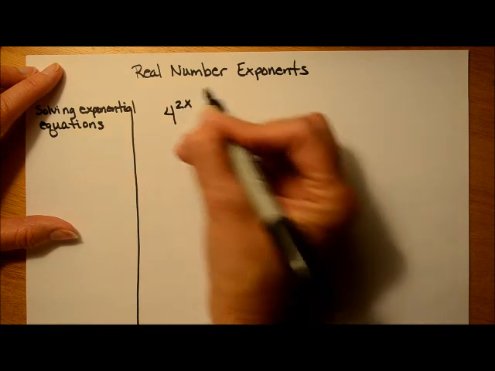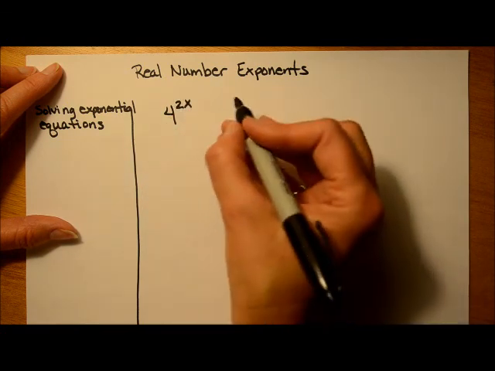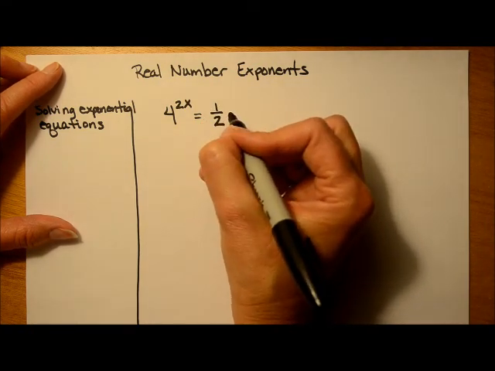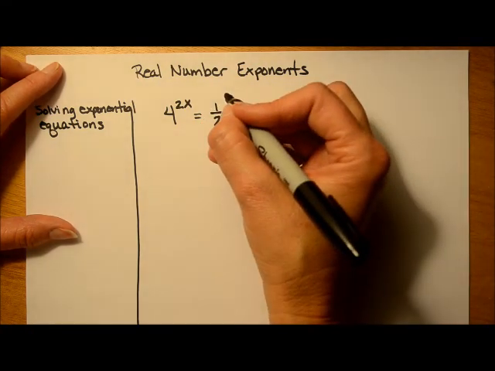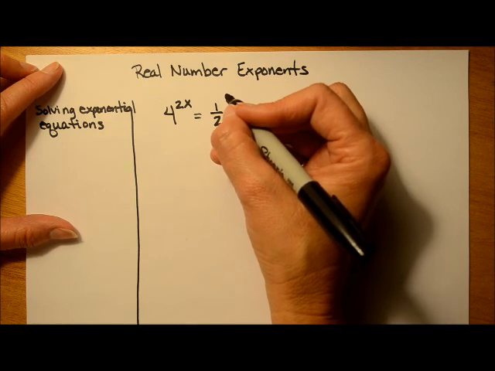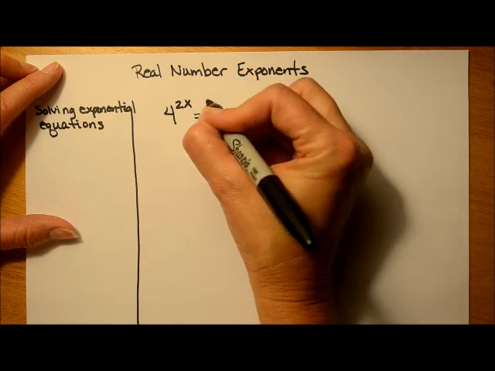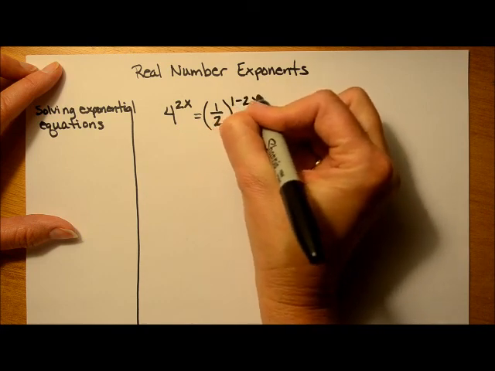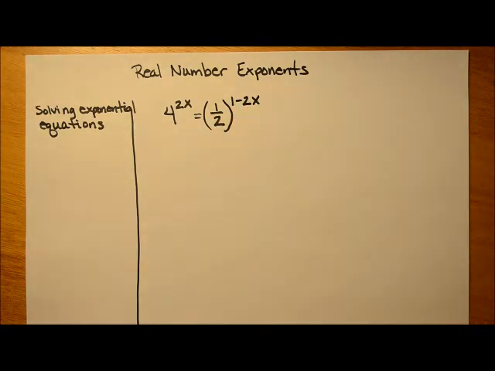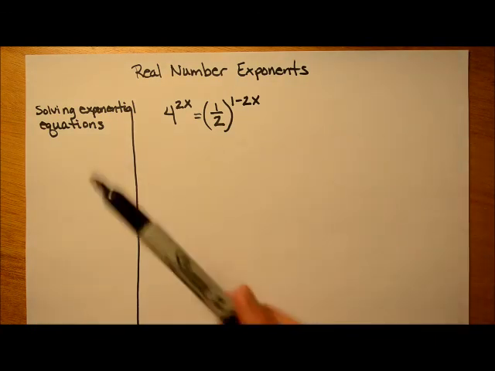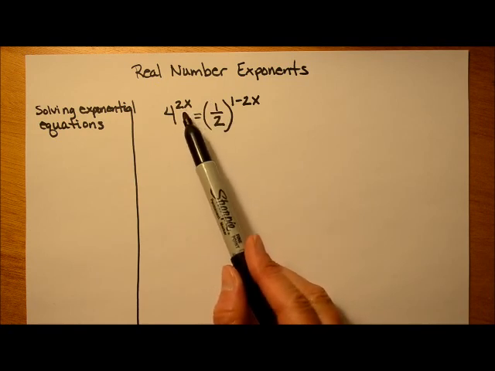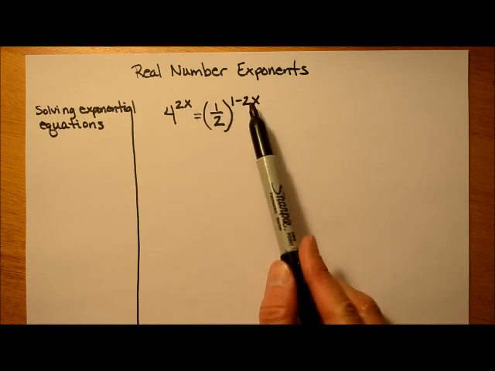4 to the 2x equals 1/2 to the 1 minus 2x. Okay, now, when you're solving exponential equations, what I'm going to show you in class too, is that you're going to be looking at where the x is.